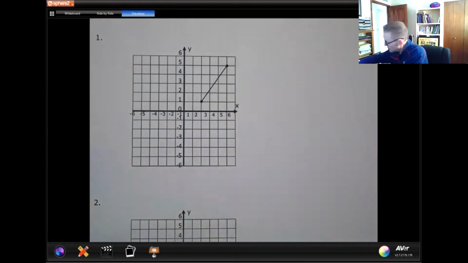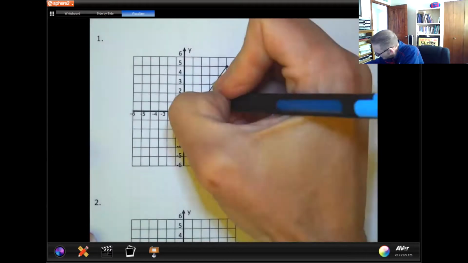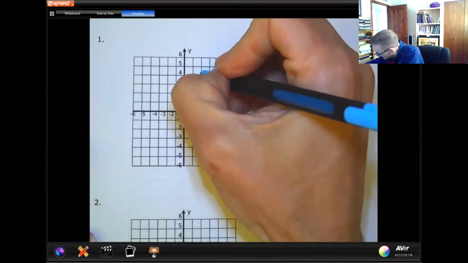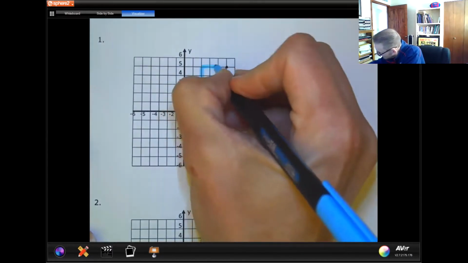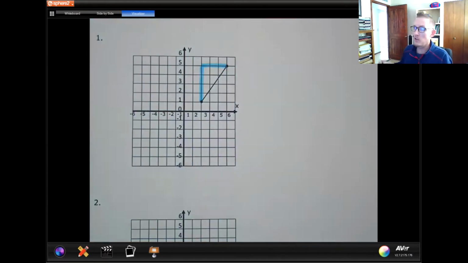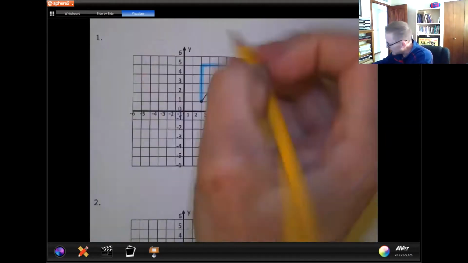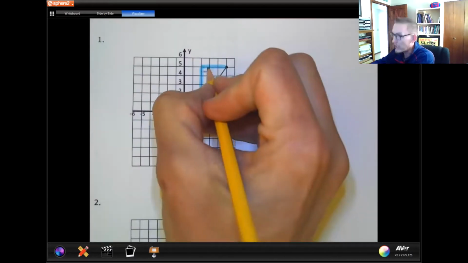We're on the coordinate plane, and we're going to make our right triangle right there. We're basically just going to go up and over, and we can do it on either side of that line. When we do that, we create a right angle here in the corner.